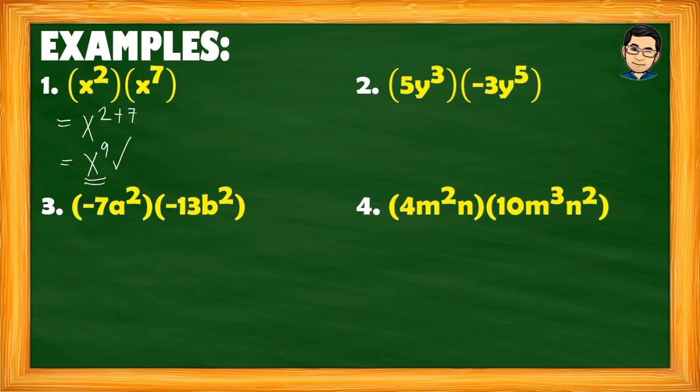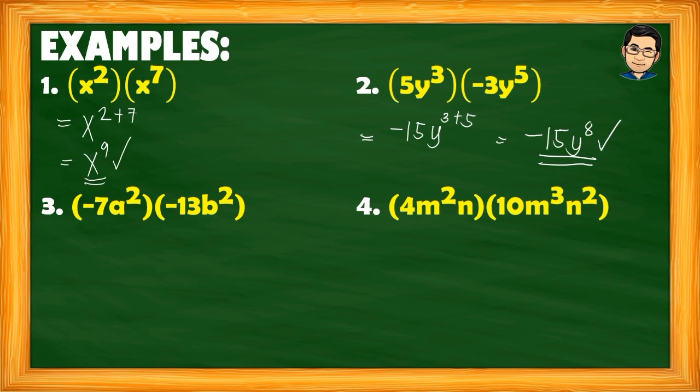Next, 5y cubed times negative 3y to the 5th power. We just simply multiply 5 and negative 3. 5 times negative 3, that is negative 15. And then, adding the exponents, 3 plus 5. So, our final answer will be negative 15y raised to the 8th power.